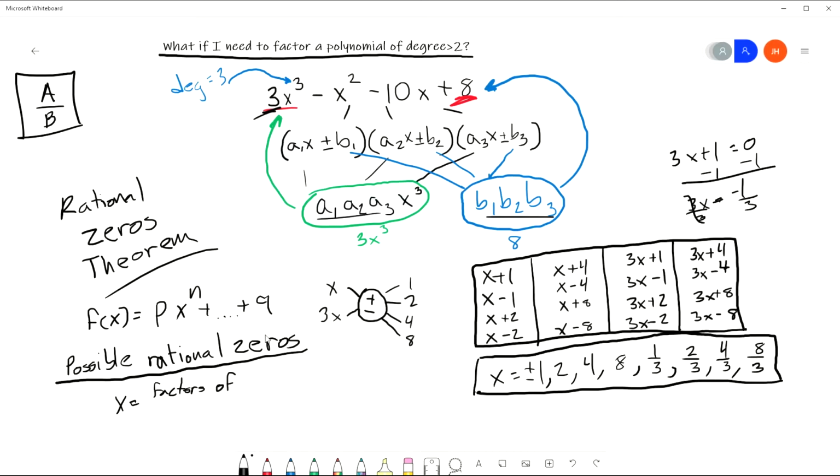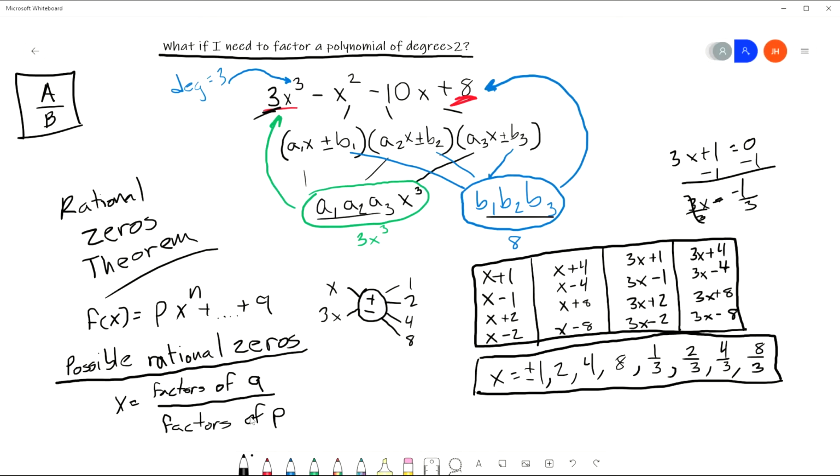So the factors of q, because that's my constant, and over the factors of p. So let's look at this. The factors of q, the factors of 8, are 1, 2, 4, and 8. Look at our possible x values here: 1, 2, 4, and 8.